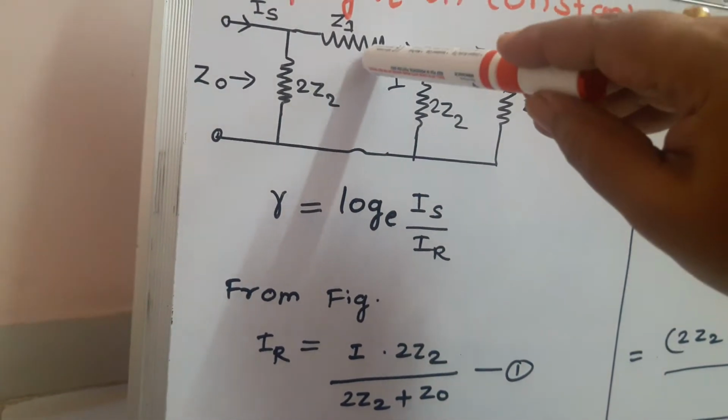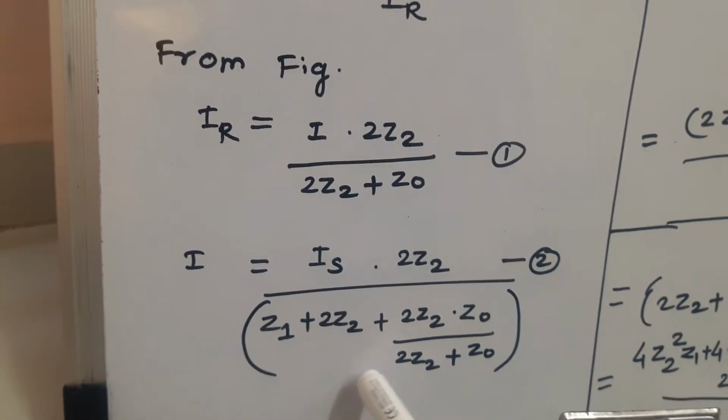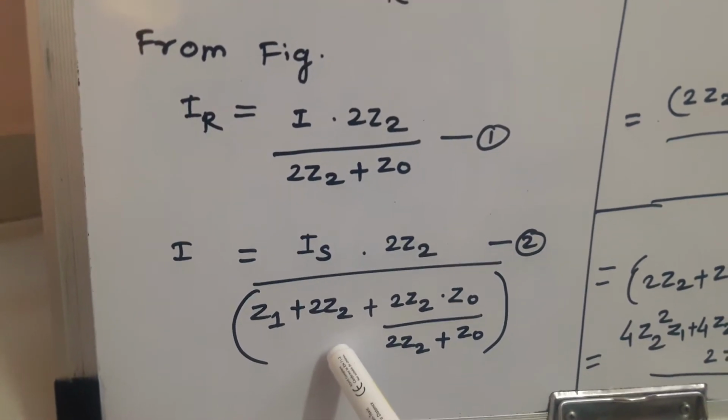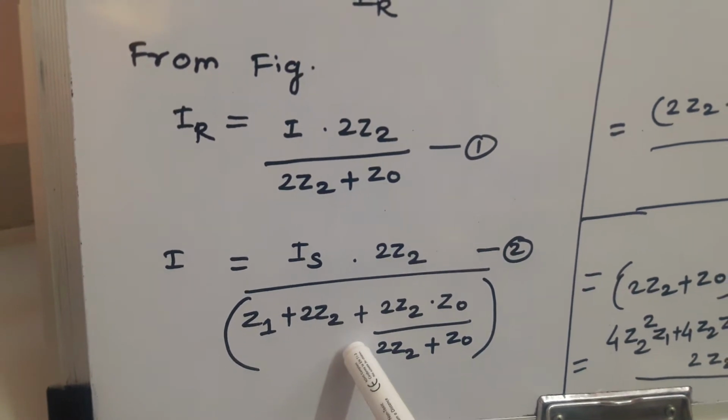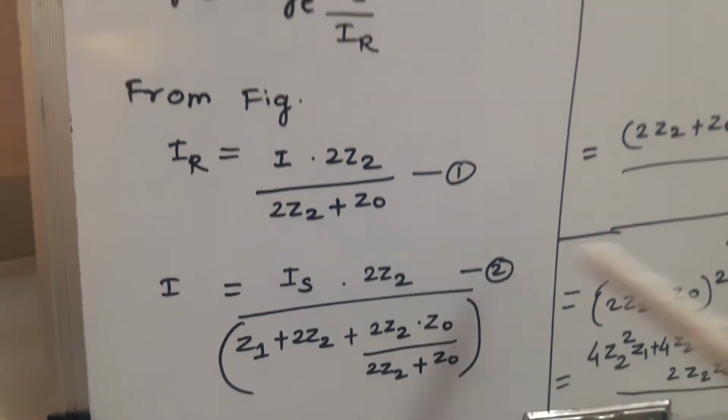This will be in series with Z1 and this entire impedance will be in parallel with 2 times Z2. So this denominator will be slightly huge, that is Z1 plus 2 times Z2 plus the parallel combination of 2 times Z2 Z0 upon 2 times Z2 plus Z0.